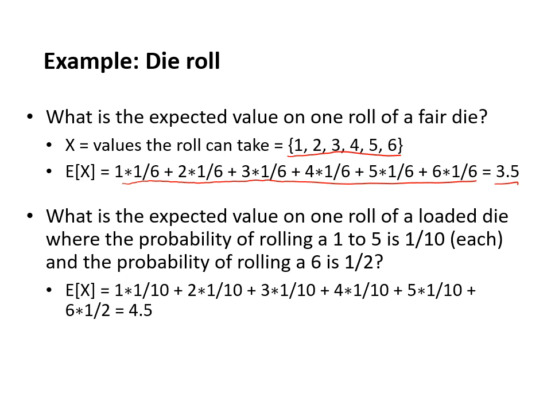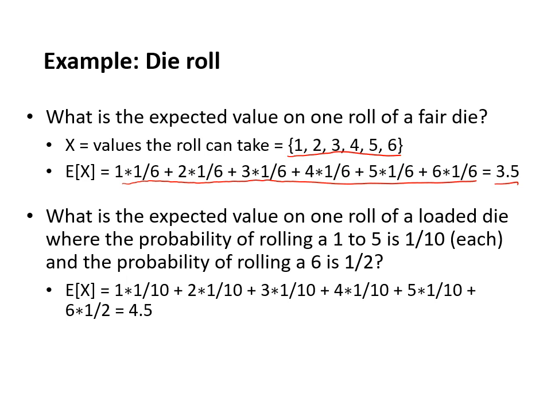As another problem, we can look into what is the expected value on one roll of a loaded die, where the probability of rolling 1 to 5 is 1 over 10 each, and the probability of rolling 6 is 1 over 2.